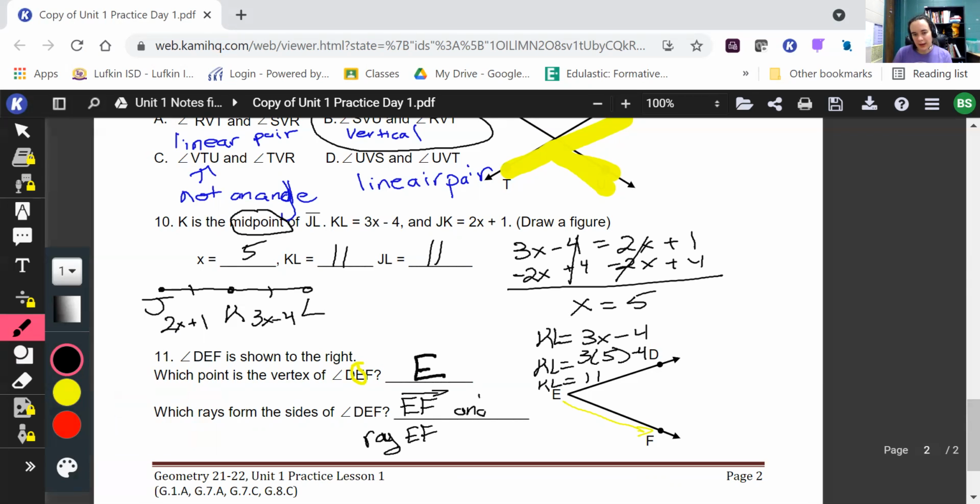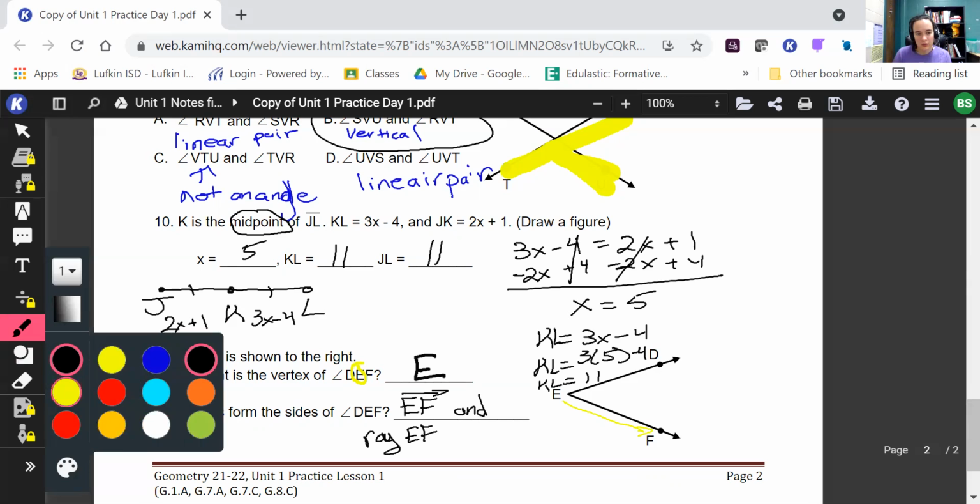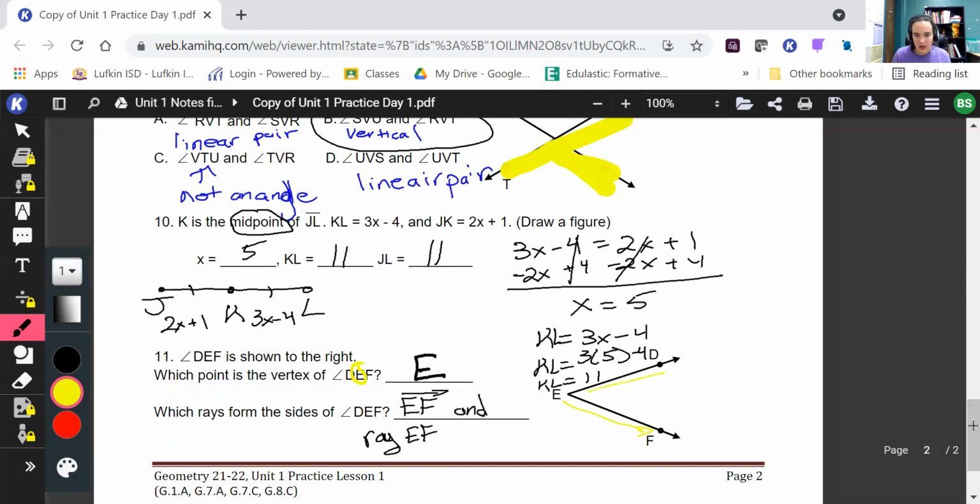And our other ray, again, have to start at E and we're going out to D. So we've got ray ED. Again, remember, you can put your symbol or write the word in front. Also remember that these letters have to be capitalized because they are points.